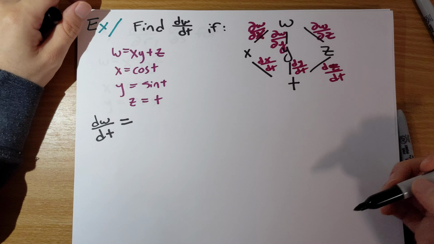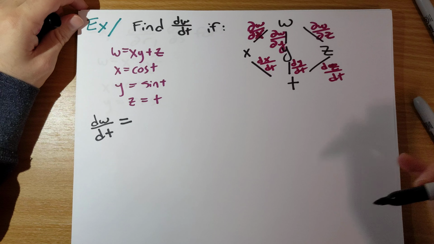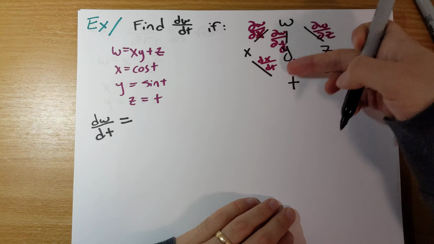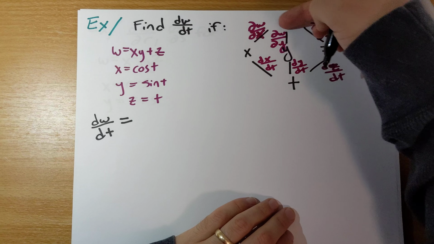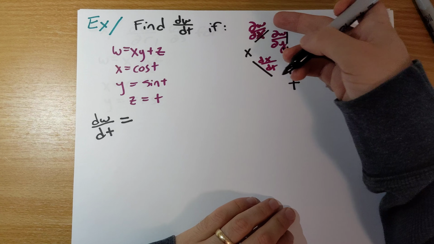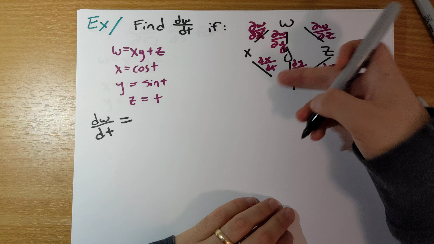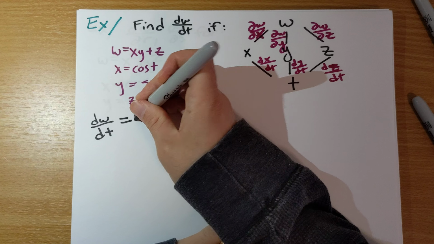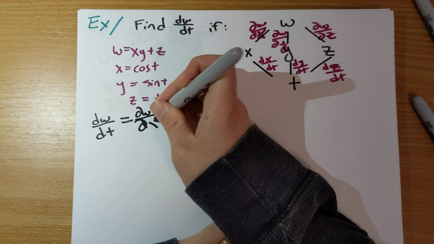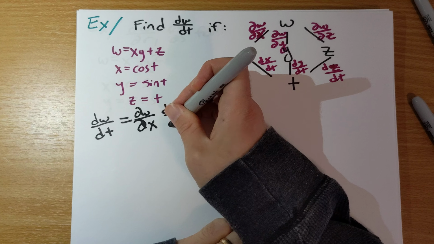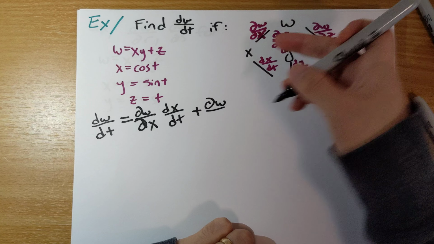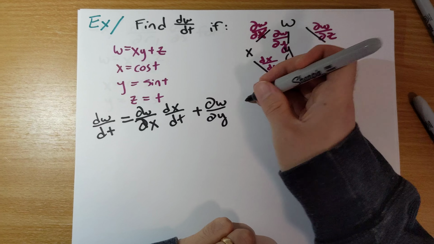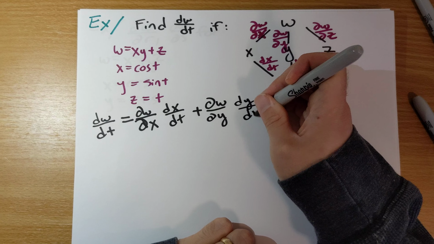So dw/dt is going to be, there are three ways to get from the top to the bottom: 1, 2, 3. So the partial derivative of w with respect to x times dx/dt, plus the partial derivative of w with respect to y times dy/dt.